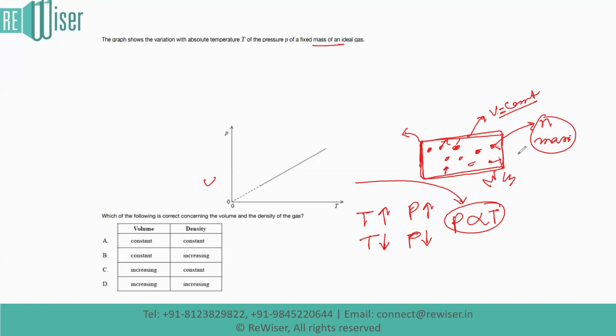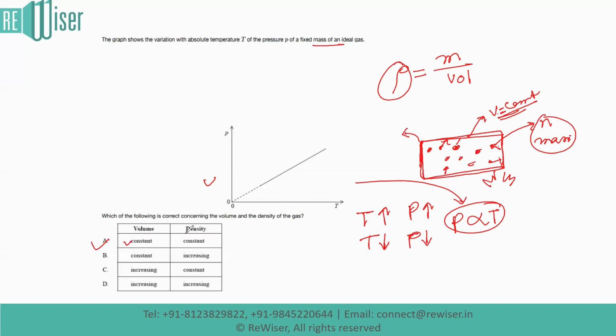that means density is nothing but mass divided by volume, right? So if volume is constant and mass is constant, density will be constant too. So as you can see, the first one is the correct answer.